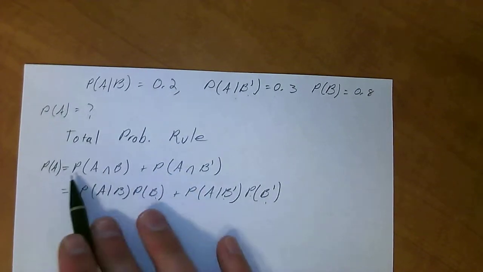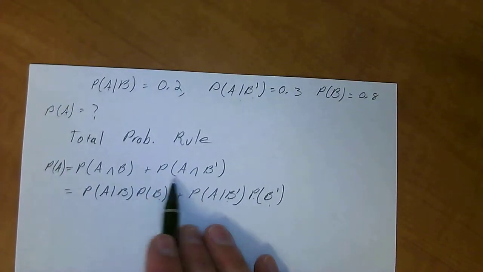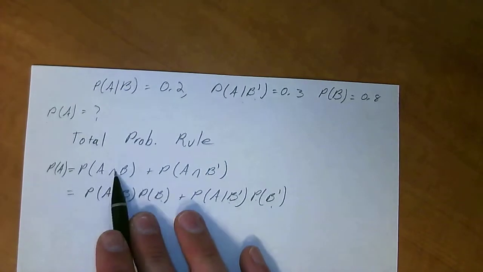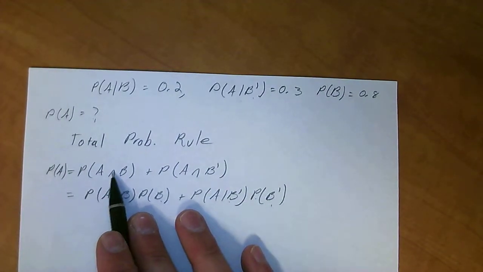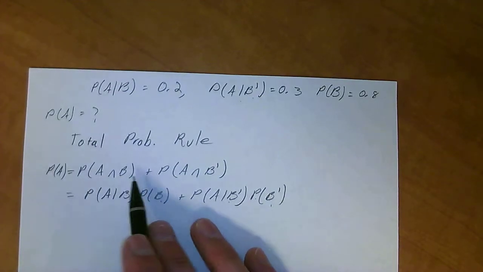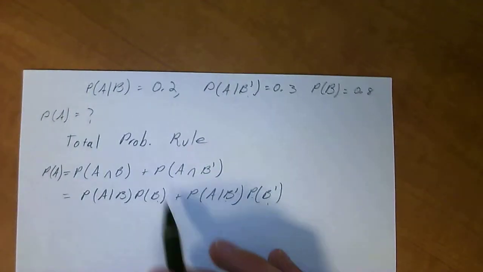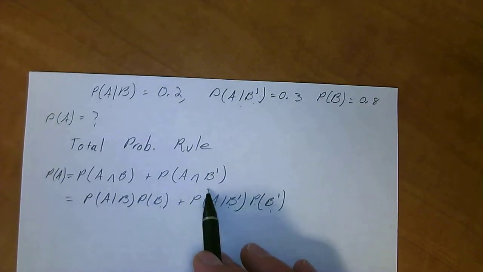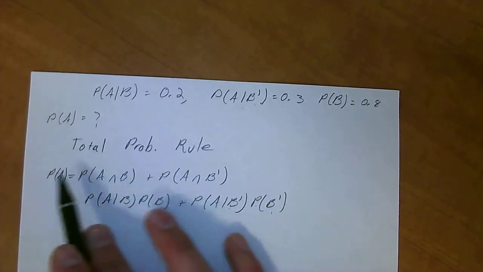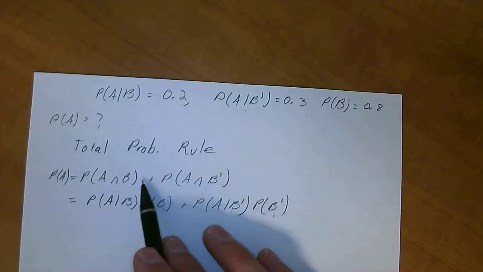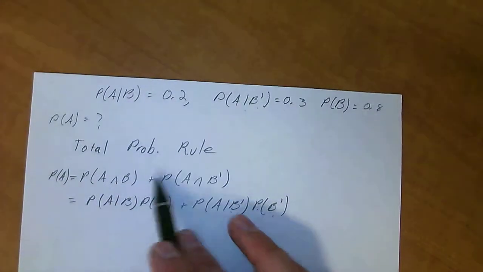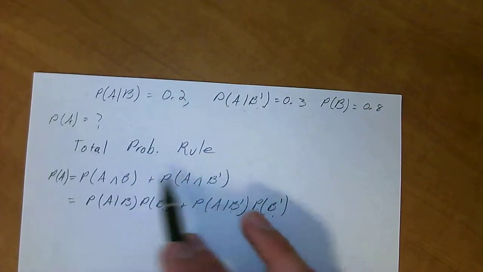Before I really calculate this, I wanted you to notice a pattern here. If you're looking for the probability of A within one of these, this is actually based on one of the equations that is introduced earlier in the chapter. This is probability of A given B is equal to so on and so forth. So this comes from something earlier in the book. But you can see how if you're looking for the probability of A, A is the leading variable, and B, the other variable, is the one that flips back and forth between B and B not.